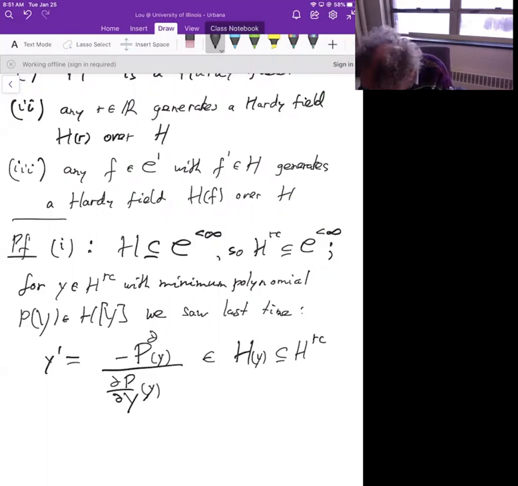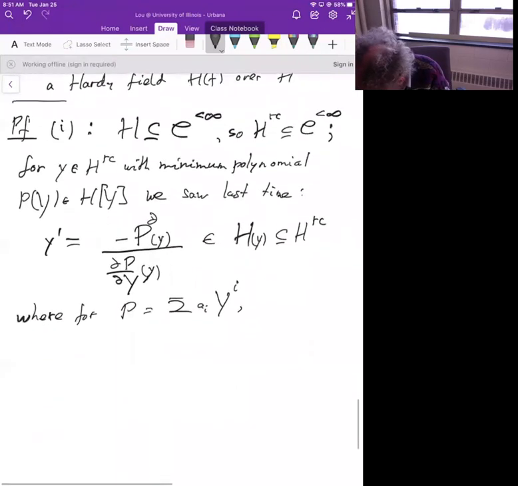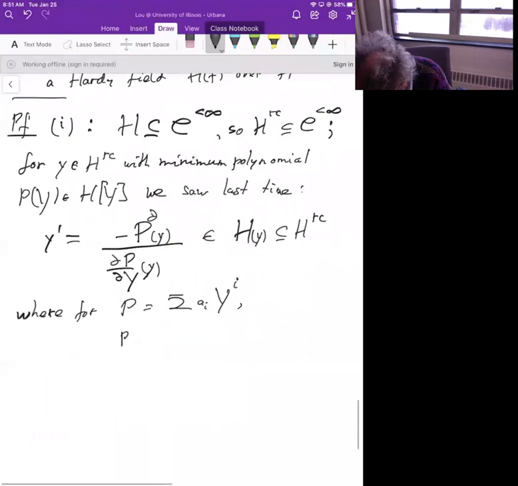And here P^delta is simply the polynomial you obtain by replacing each coefficient by its derivative. So if P is the sum of a_i Y^i, then P^delta is the sum of the a_i prime Y^i. You replace every one of the coefficients.